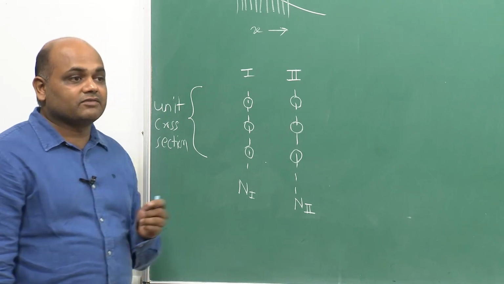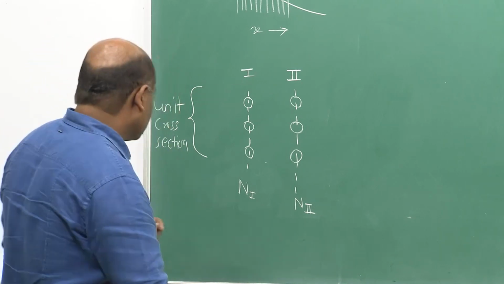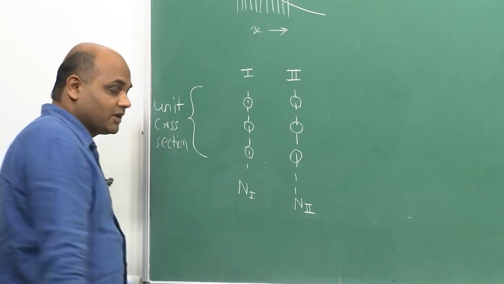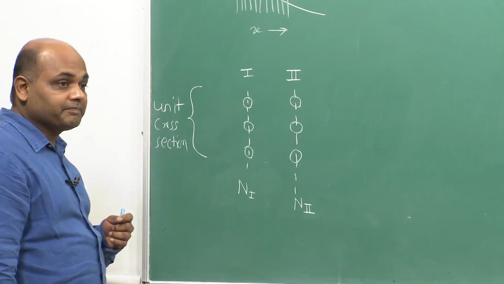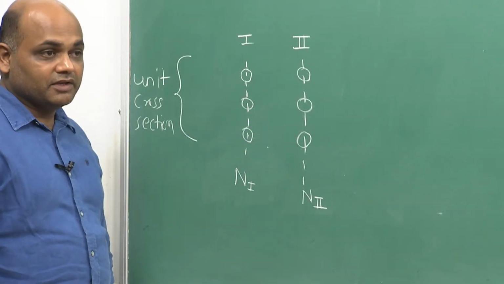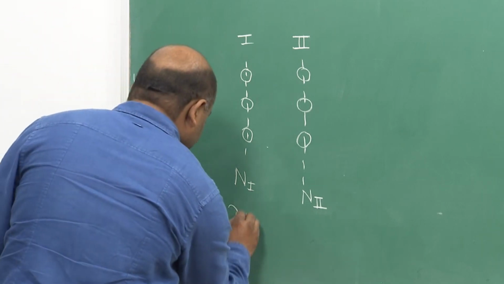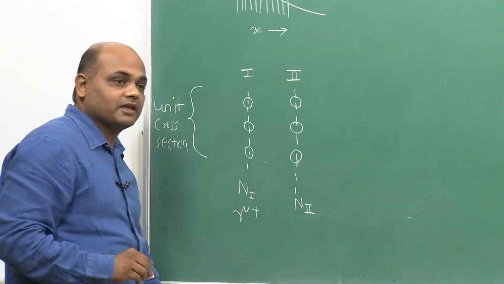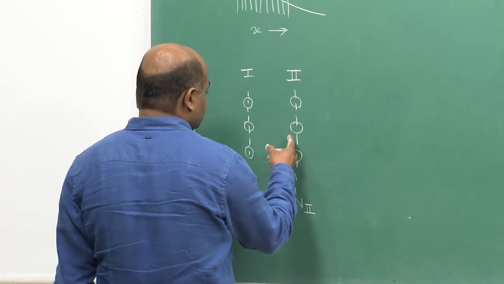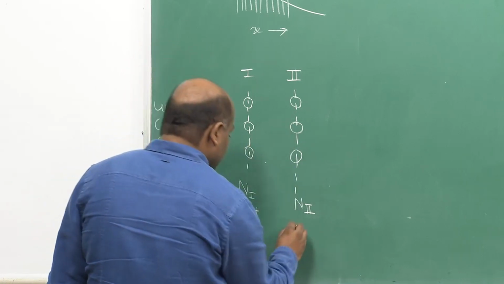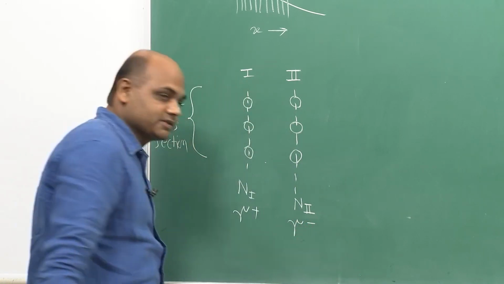So, let us call it a jump frequency. Let us suppose the frequency of successful jump from plane 1 to plane 2 is gamma plus, and the number of successful jumps from plane 2 to plane 1 is denoted by gamma minus.